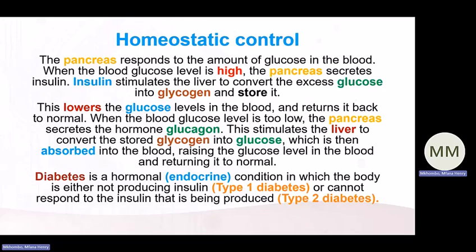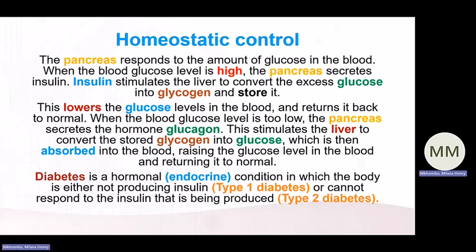The pancreas secretes insulin. Insulin is a hormone which stimulates the liver to convert the excess glucose into glycogen for storage. This process lowers the glucose levels in the blood, and therefore the levels of glucose in the blood will return back to normal range.